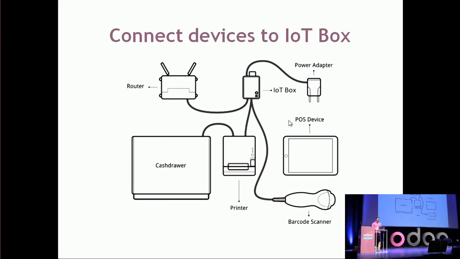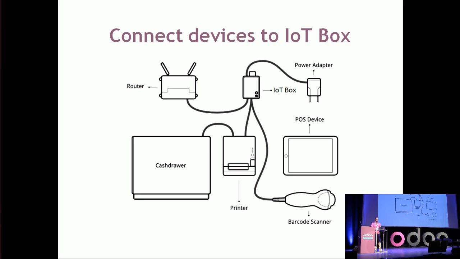So as you can see here on this picture, you have the possibility to link different devices to an IoT box, and the IoT box is used in order to make the link with your device. So for example, a laptop or a smartphone, a tablet, and so on, and the hardware devices.